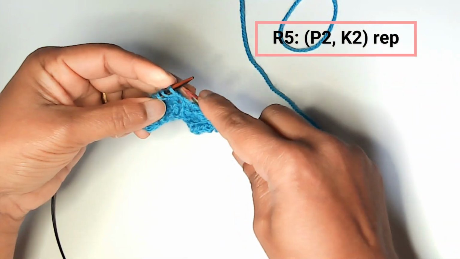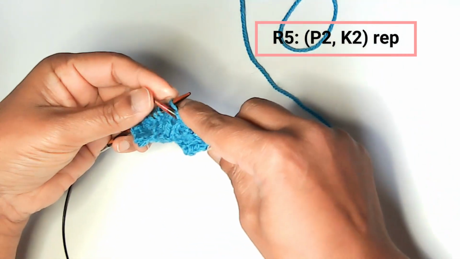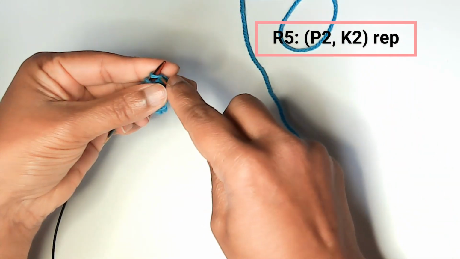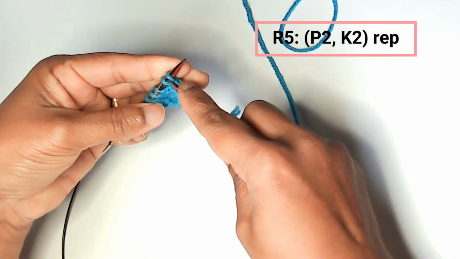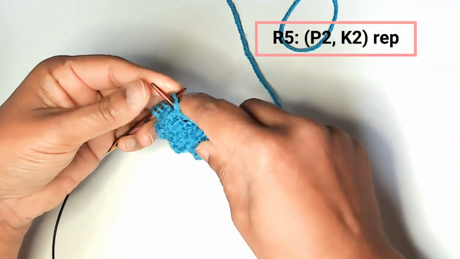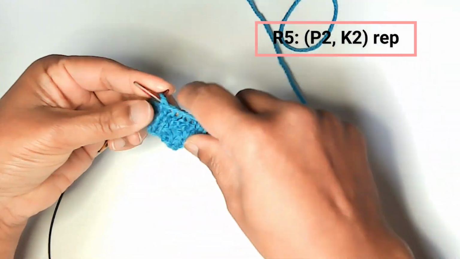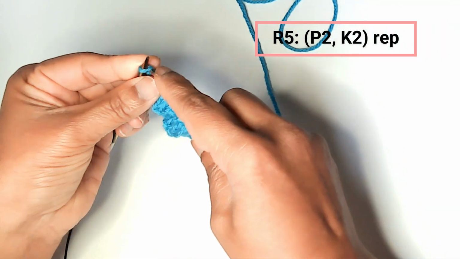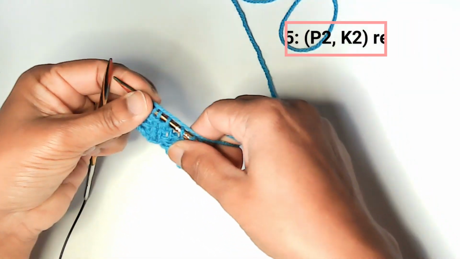We repeat purl 2, knit 2. Again purl 2, knit 2, 1, 2, purl 1, purl 2, knit 1, knit 2. This is row 5.